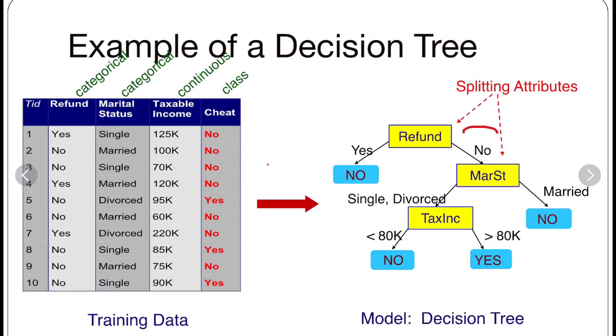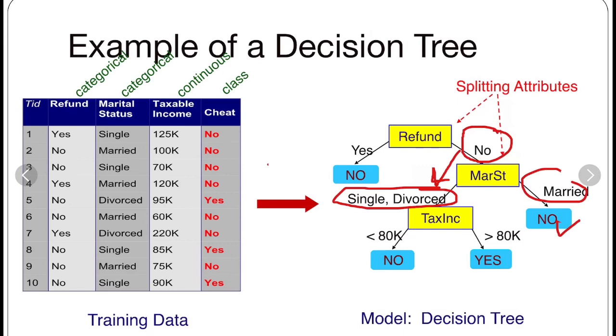We are following this path of the tree. And if marital status is single or divorced, because once we have met marital status as married, it is automatically deduced as no. But now we need to see another type of marital status.